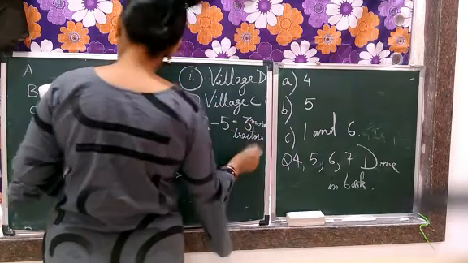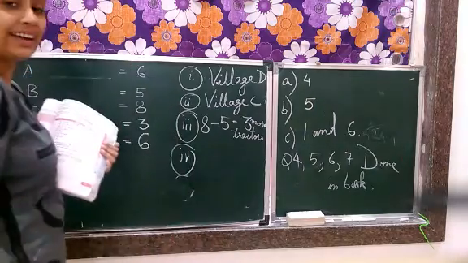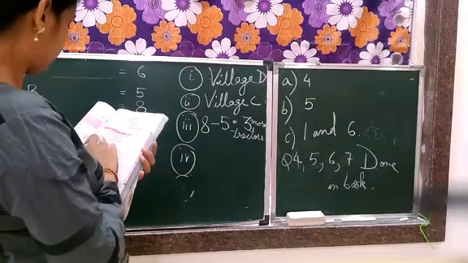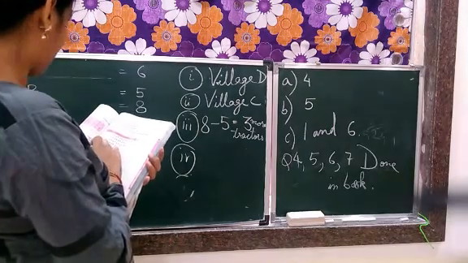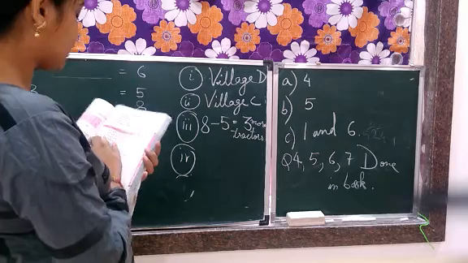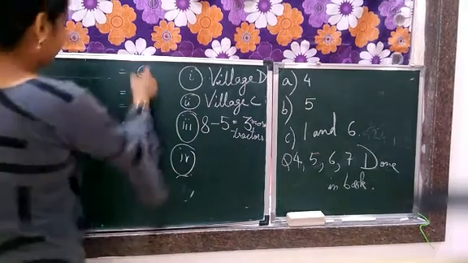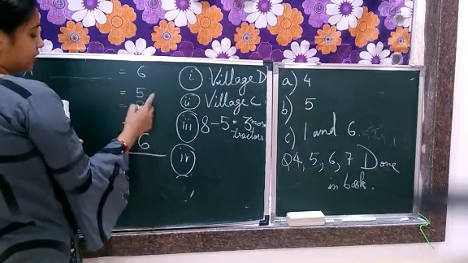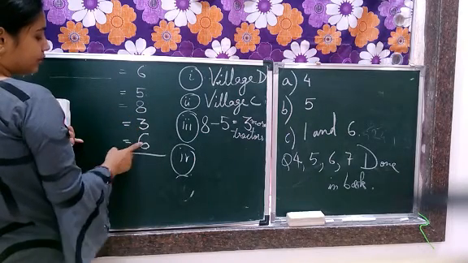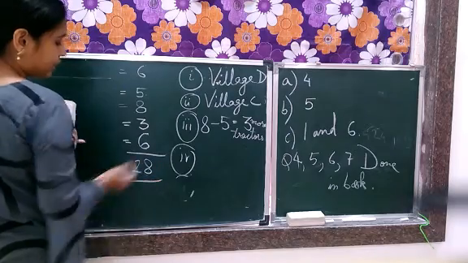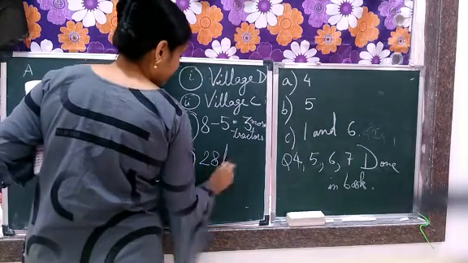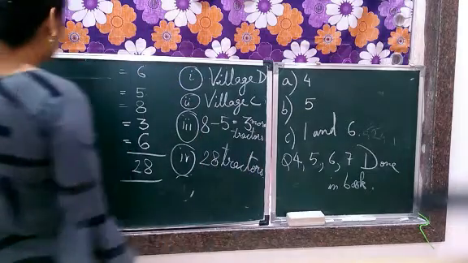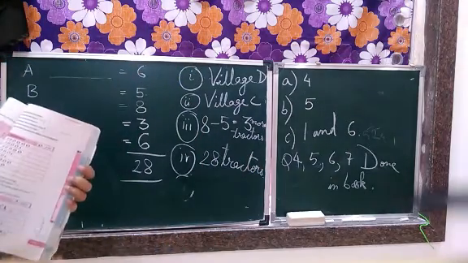So village C is having 3 extra tractors. 22 plus 6 is 28. Very easy. So we'll write here 28 tractors. So children, this completes question number 4.